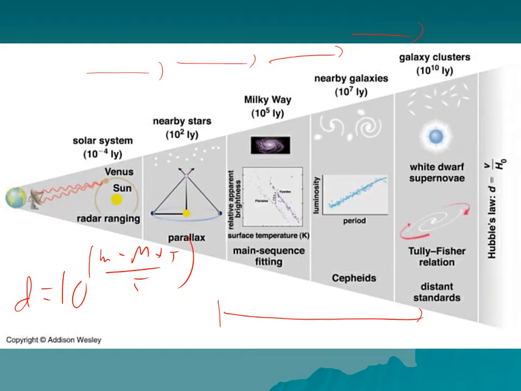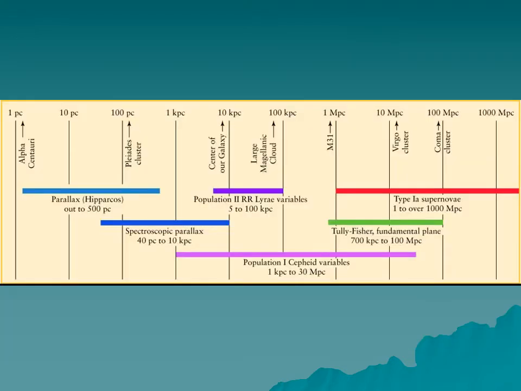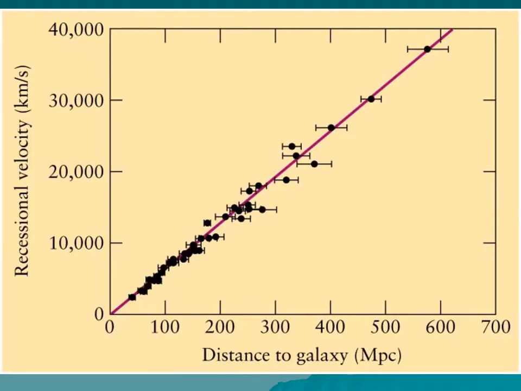But doing all that, using all the different ways of measuring at different distances, allows us to plot this relationship in which we have the distance on the x-axis, the velocity on the y-axis, and they have a trend.